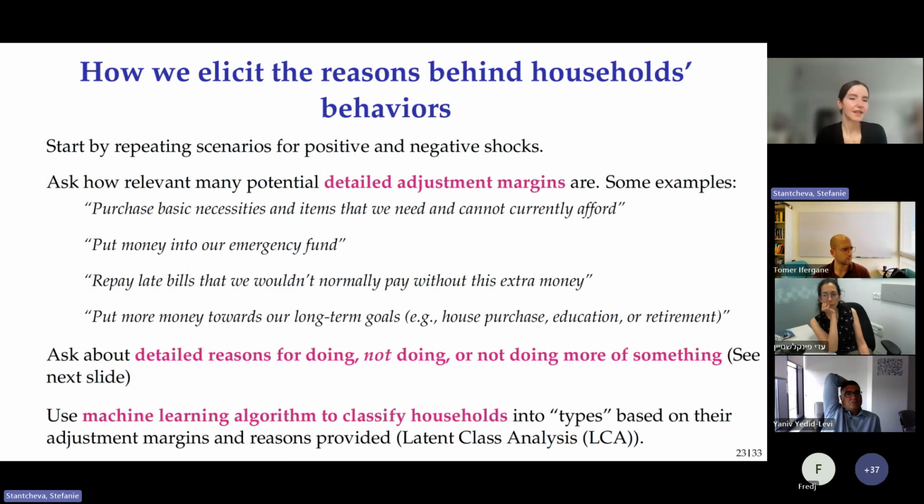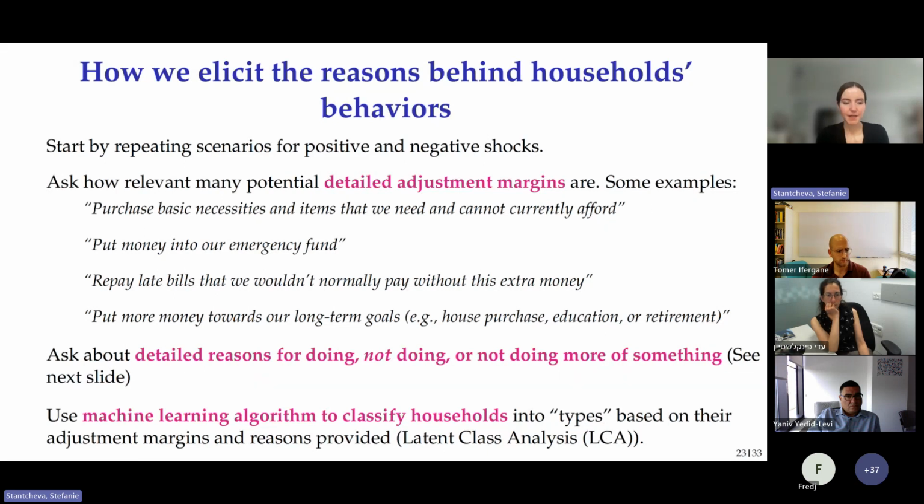So instead of just spending or saving, we'll ask, for instance: I will purchase basic necessities and items we need that we cannot currently afford. I'll put money into our emergency fund. We'll repay late bills that we wouldn't normally pay without this extra money. We'll put more money towards our long-term goals, like house purchases, education, etc. So much more detailed adjustment margins.